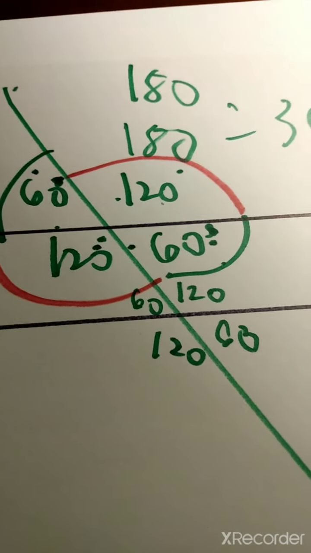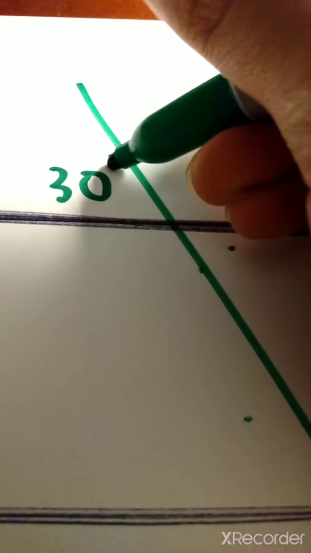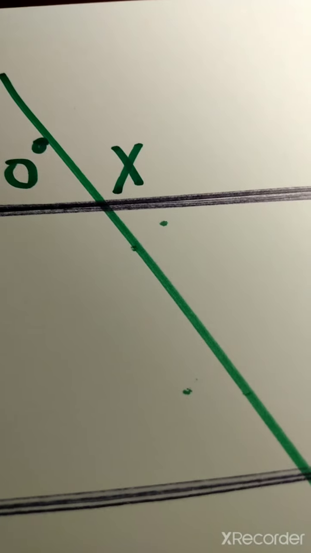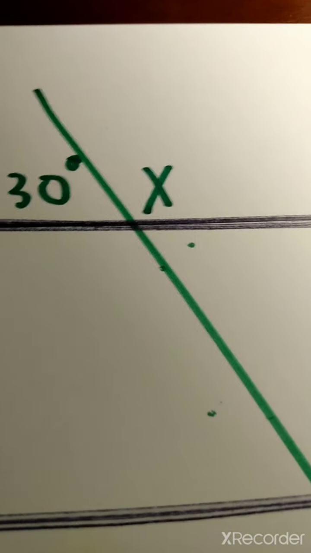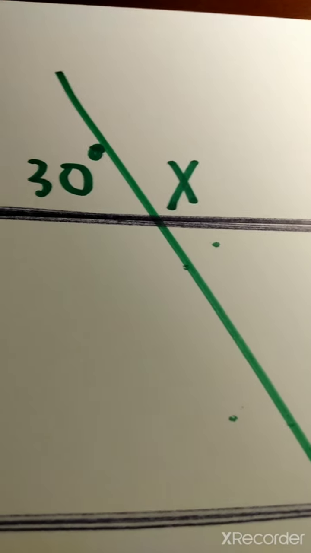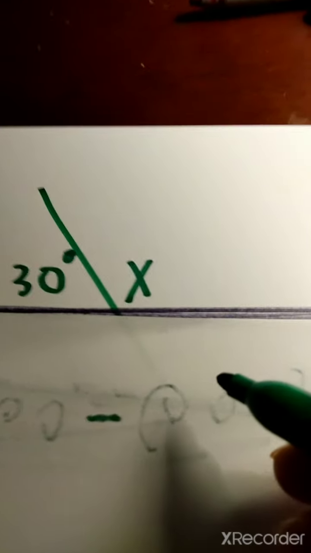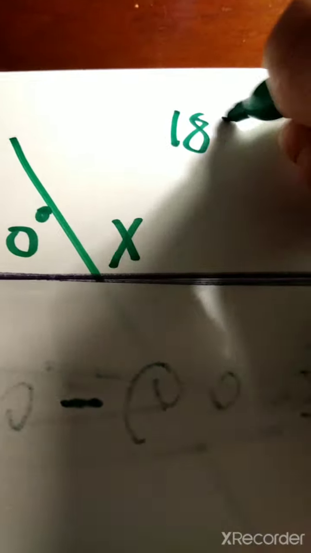Let's do a sample problem. If this is 30 degrees, how many degrees is up here? If we want to solve for x on that angle, we're going to have to cover up half of the page. Now it's a supplementary angle. That is 180 degrees.